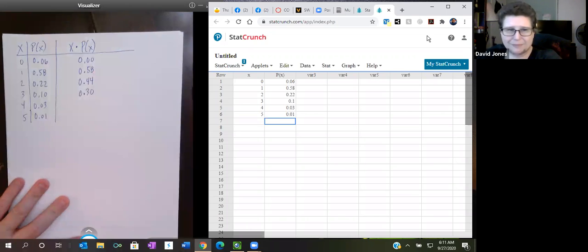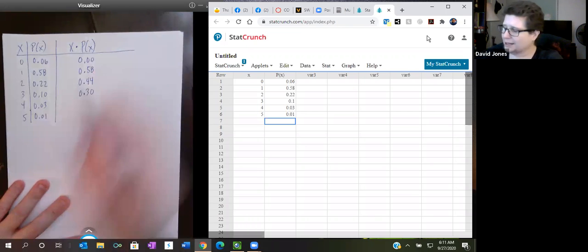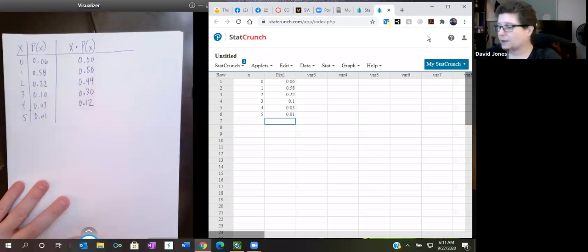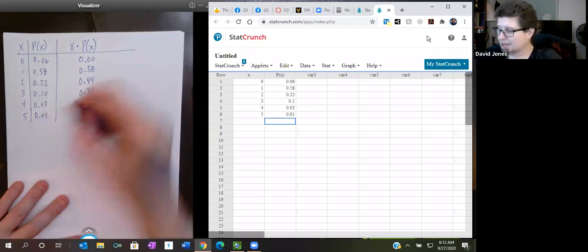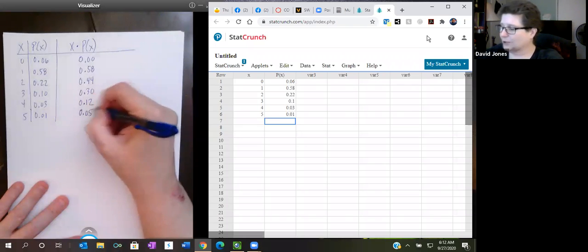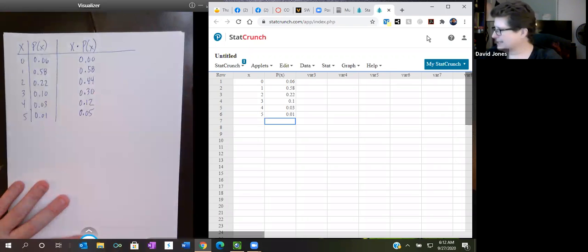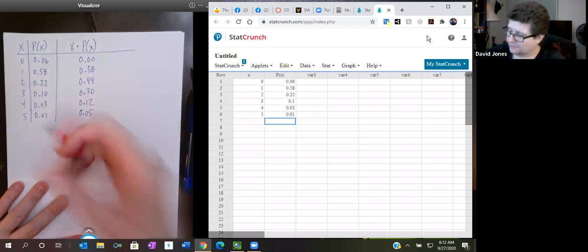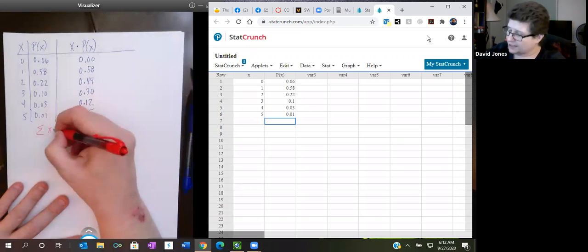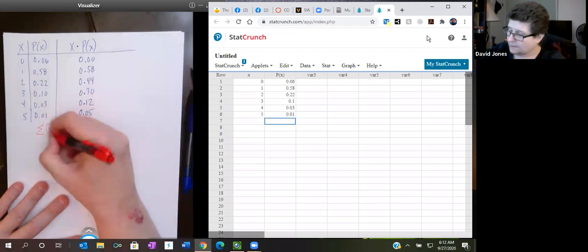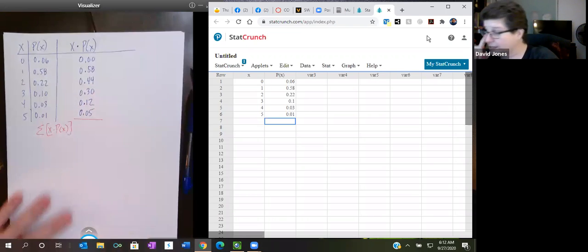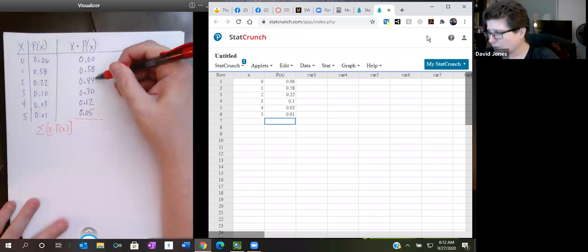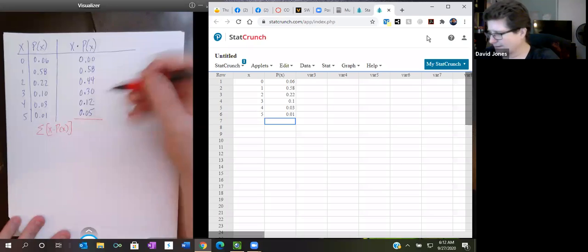I can look at this probability like money because it's 2 decimal places. 0.03 is 3 pennies. If I do that 4 times, I have 12 pennies, or 0.12. And 5 pennies makes a nickel, 0.05 for the final one. So that's each value of x times p of x. When I add them up, I find the sum of x times p of x. Eight plus 4 is 12, plus 2 is 14, plus 5 is 19.